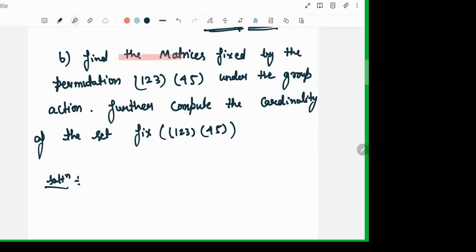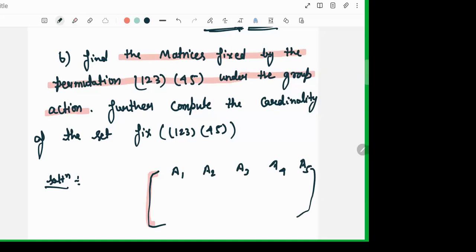We treat the 1, 2, 3 columns similarly and 4, 5 similarly. So this is your A1, this is your A2, this is your A3, this is your A4, this is your A5. Now he is saying that this matrix is fixed by the permutation.